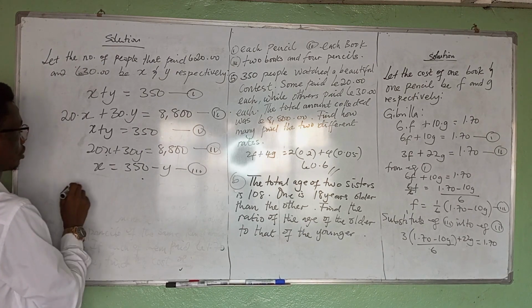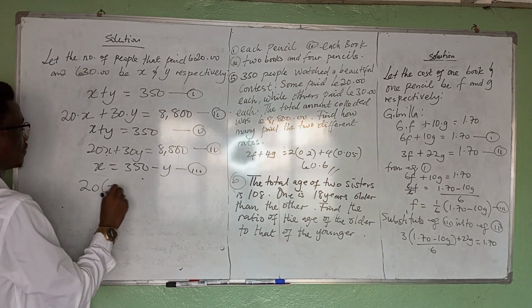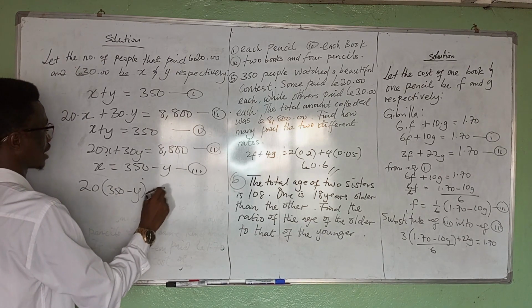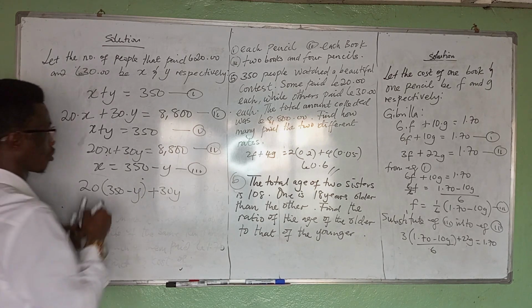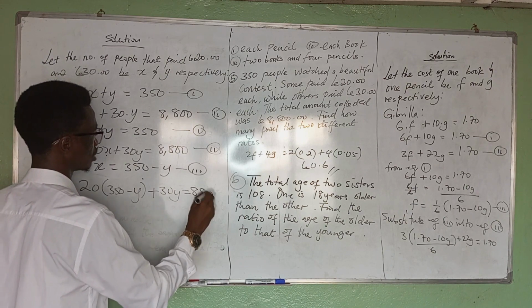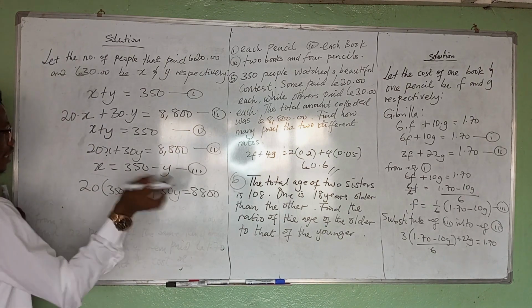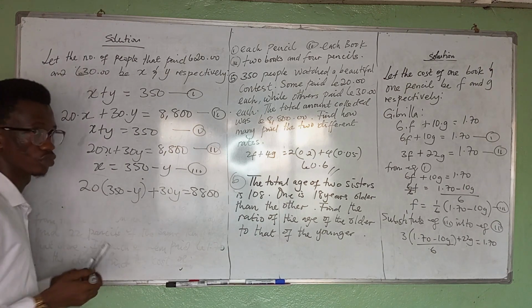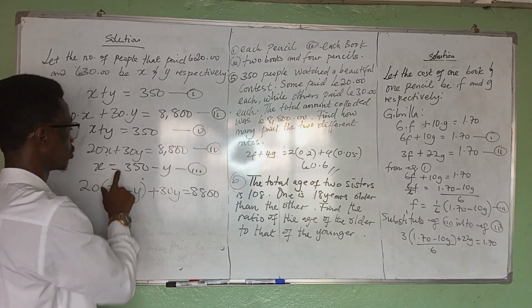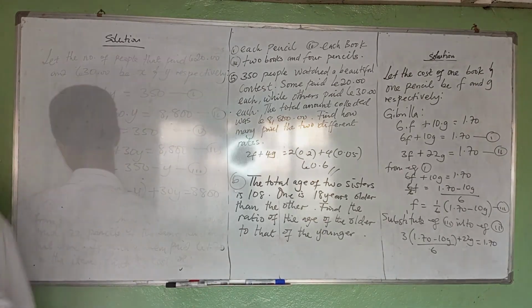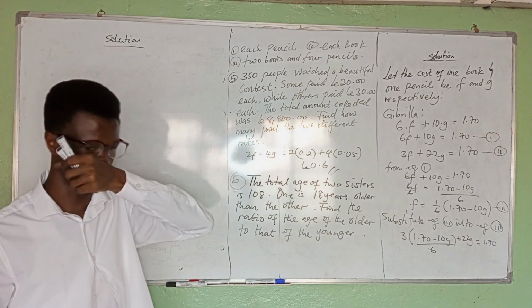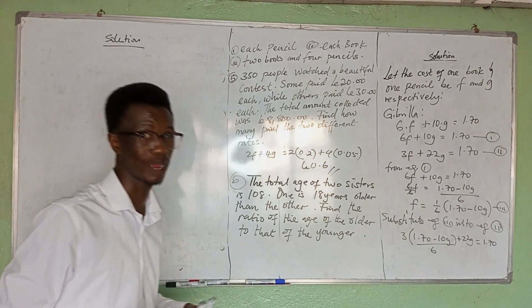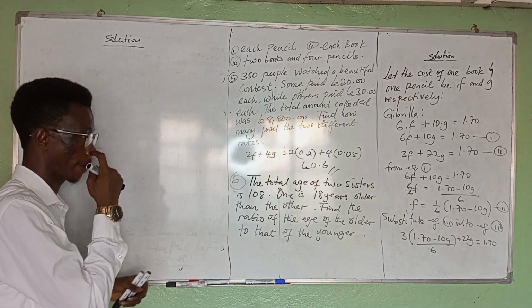Substitute equation 3 into equation 2, you have 20 times (350 minus y) plus 30y equals 8800. So you just multiply this out and solve for y, then you substitute to solve for x. So that's it. Let's finish up with the last problem and we'll say goodbye to this subtopic.